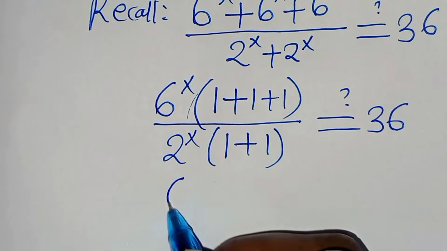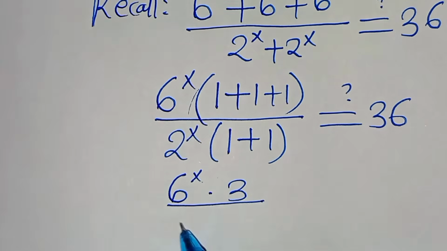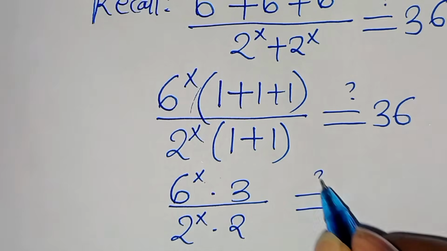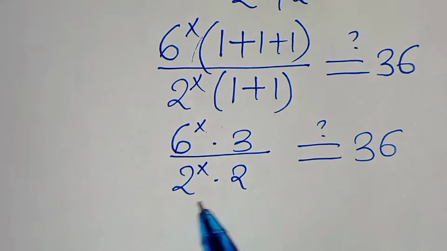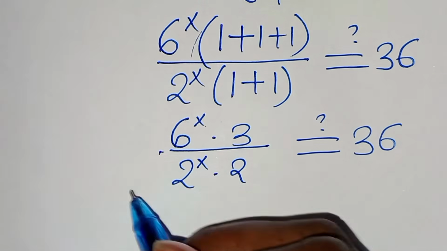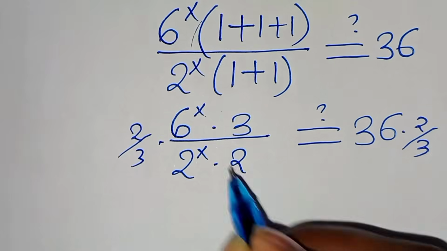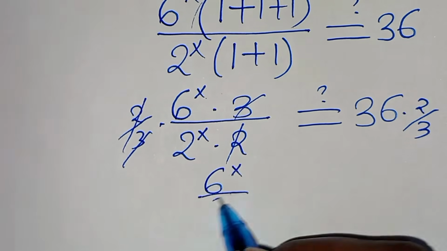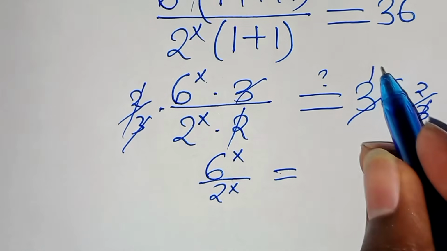So here we have 6 to the power of x times 3 over 2 to the power of x times 2. This is supposed to give us a value of 36. On this side we multiply by 2 over 3, and also here 2 over 3, so that now we have 6 to the power of x over 2 to the power of x equal to 12 times 2.